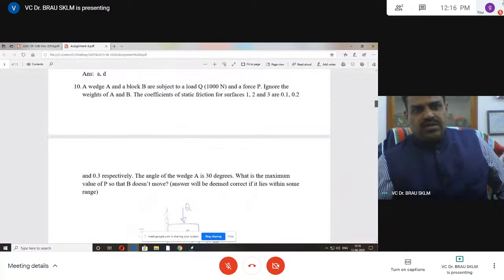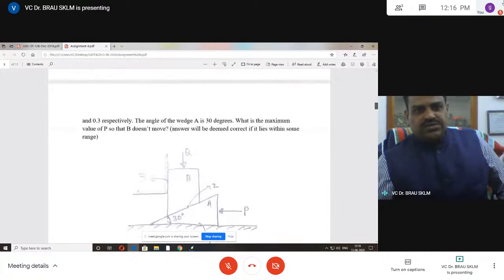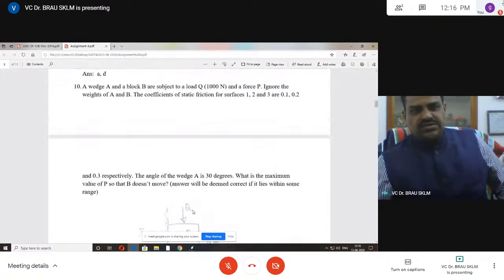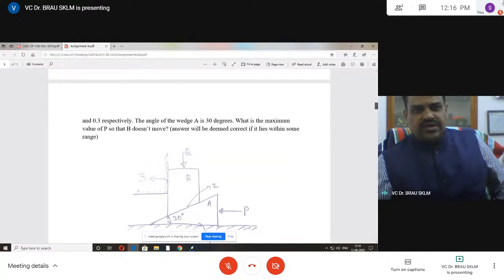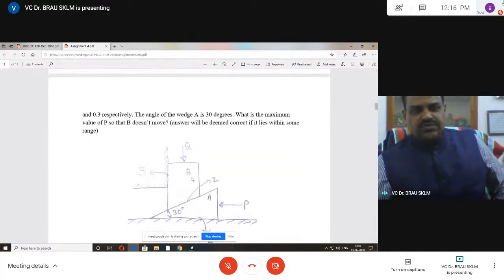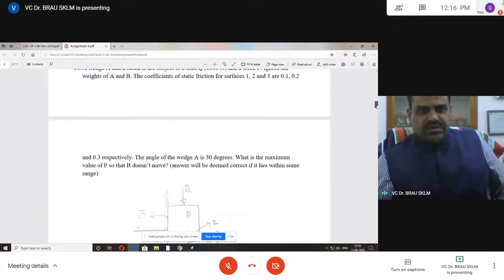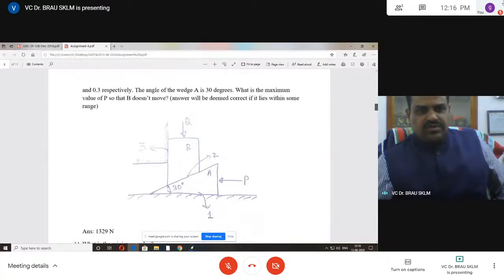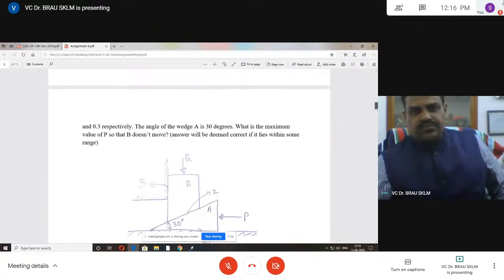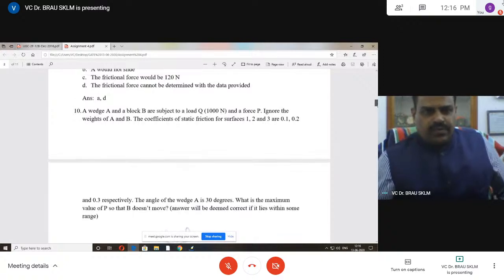Wedge A and block B are subjected to a load Q of 1000 newtons, which is an external force, and a force P. Ignore the weights of A and B; they are negligible compared with the force Q. The coefficients of static friction at surfaces 1, 2 and 3 are 0.1, 0.2, 0.3 respectively.